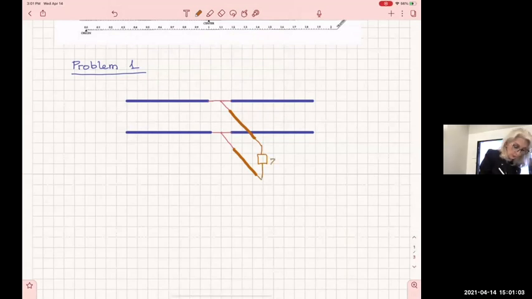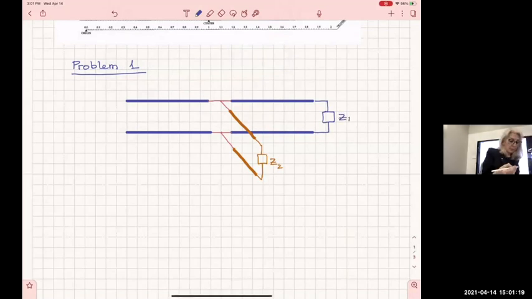And this is Z2, say, and you have an impedance at the other end, Z1, all right, Z1.